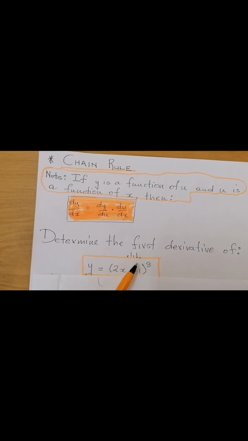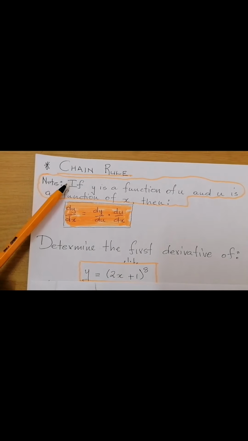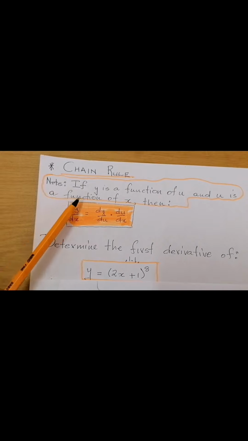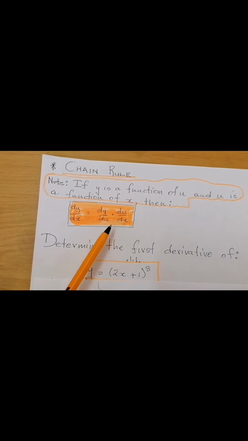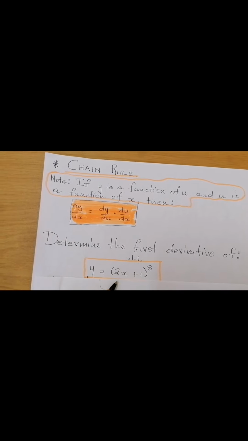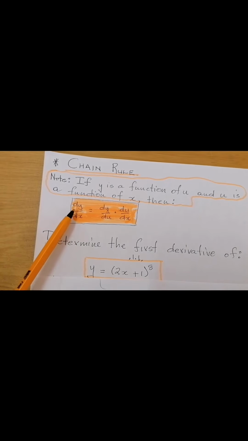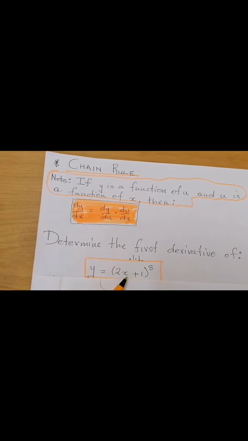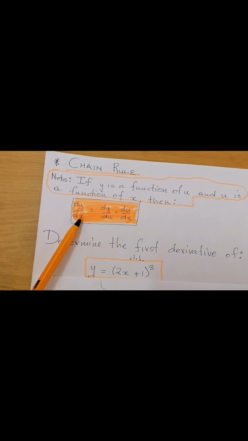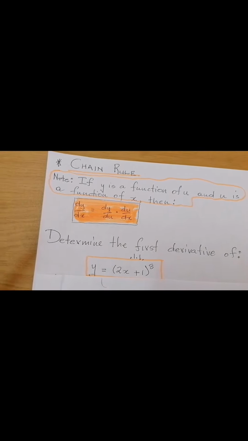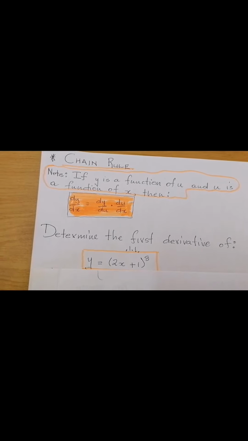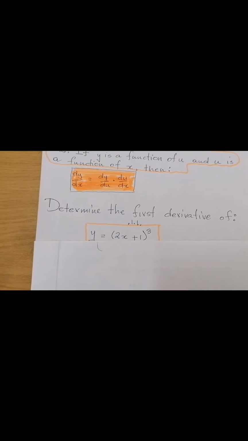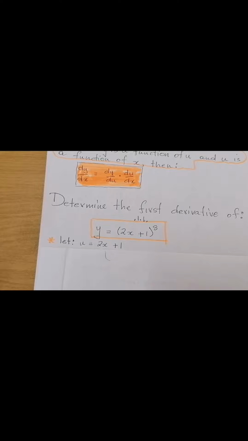Now, using the chain rule, we shall apply the rule as it is given to us in order to differentiate this function, which is y, with respect to x. It is very important to make sure that you understand what we are saying here. Let's move to the solution of this now.